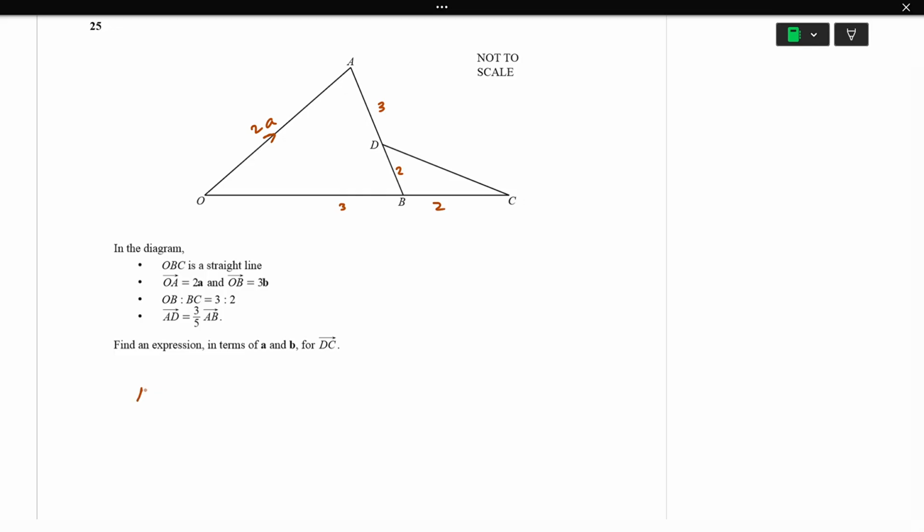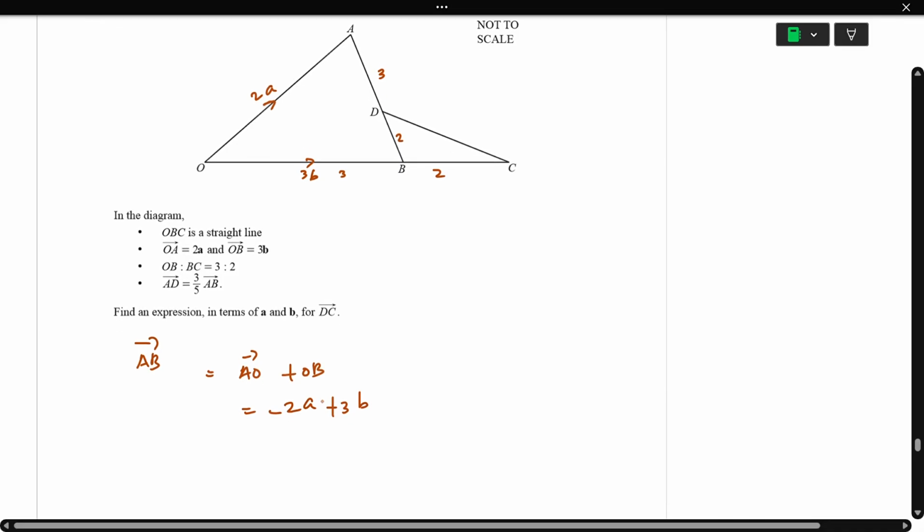First we'll find out AB. OB equals 3B is given. So AB equals AO plus OB, which is equal to negative 2A plus 3B.